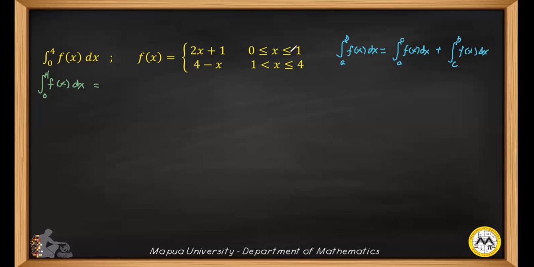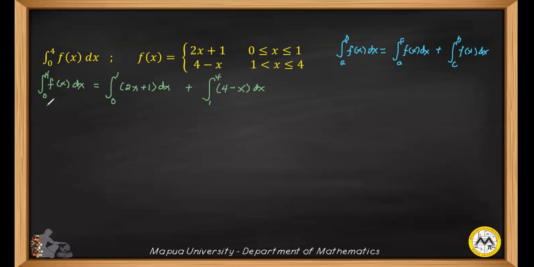Now, from 0 to 1, f of x is defined as 2x plus 1. And from 1 to 4, f of x is defined as 4 minus x. Hence, the integral is equal to the integral of 2x plus 1 from 0 to 1, plus the integral of f of x, which is 4 minus x, from 1 to 4.